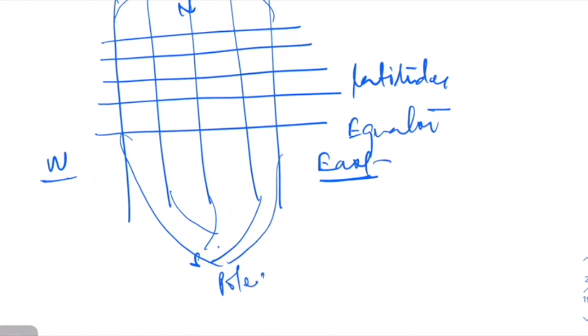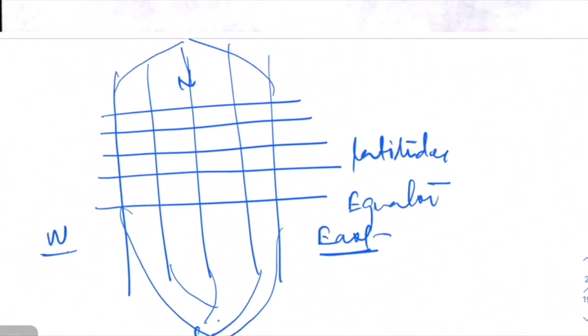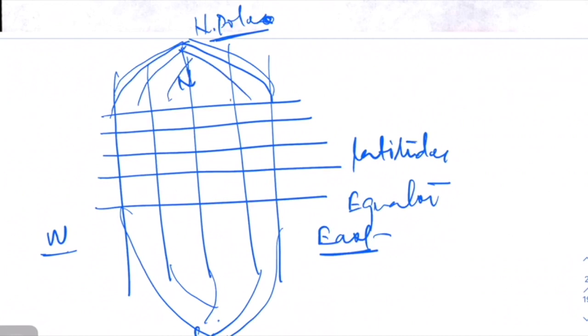This is the south pole, and this is the north pole here. So all these longitudes will merge here, right? I'll show you in the image, or you can see this in your maps. So this is how longitudes are, and this is how latitudes are.